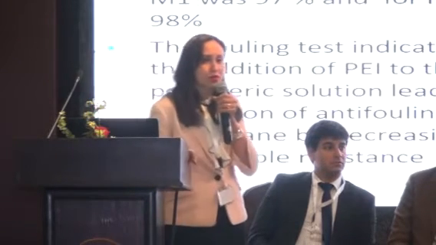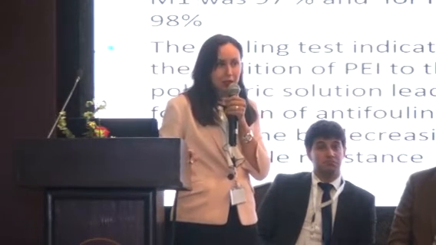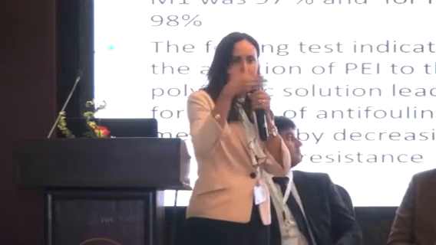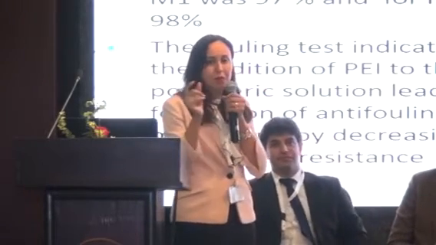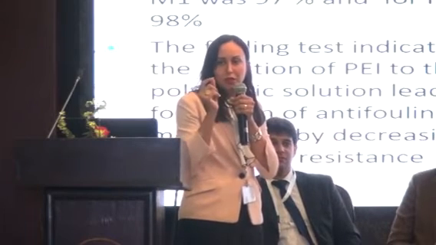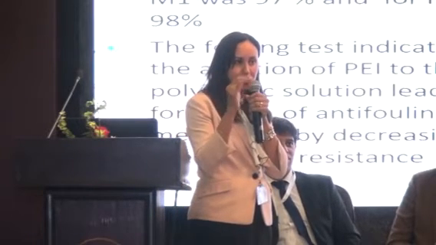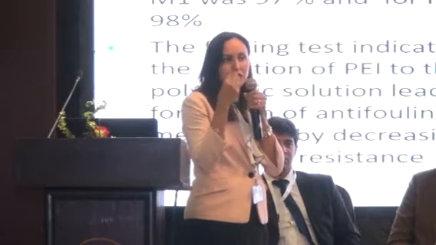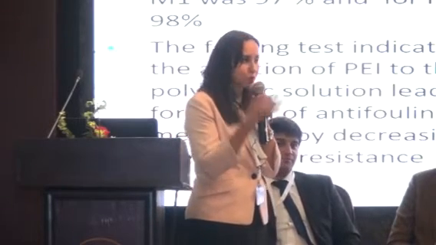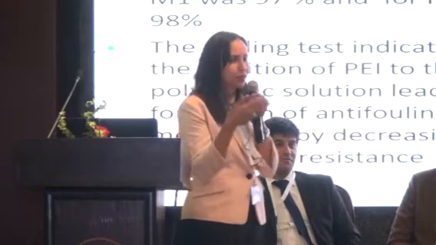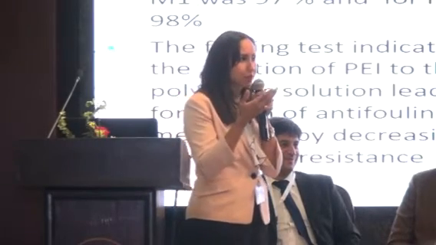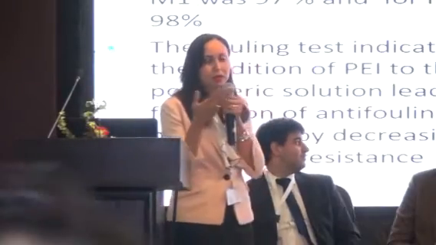Okay, and the most important factor is the fouling testing. You know, of course, as a membrane phenomenon, it can be clogged at any time. But what we want to know is the irreversible ratio. If the irreversible ratio is very low, it can be easily cleaned by backwash or by distilled water. Because of course we will face this type of clogging problem.